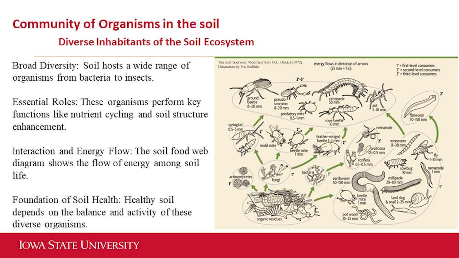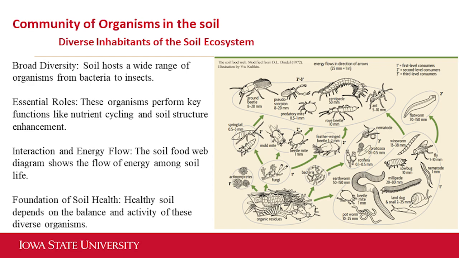So in this diagram, it's kind of hard to see, I guess, but on the bottom we have our organic residue. Whether you have crop residue or you're using compost or manure, that's the input, right? That's where the nutrients that we want our crops to use come from. Then we have different levels of the soil food web that have to interact together to make those nutrients available for our crops.